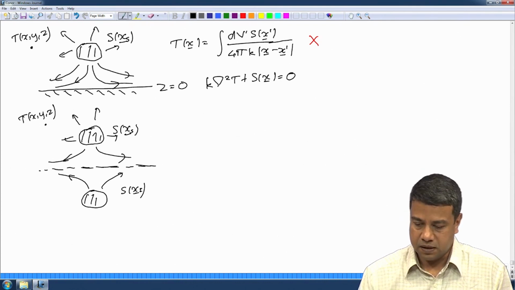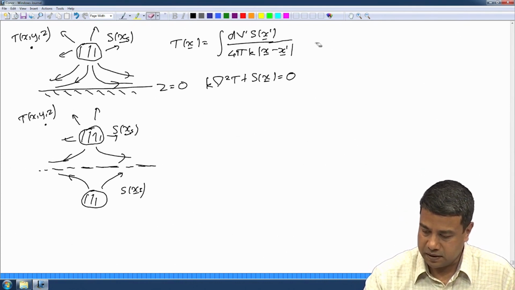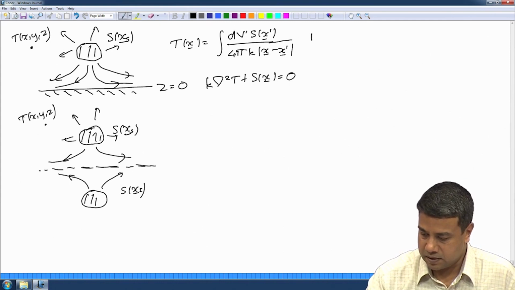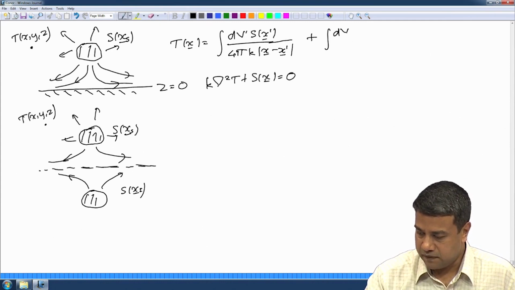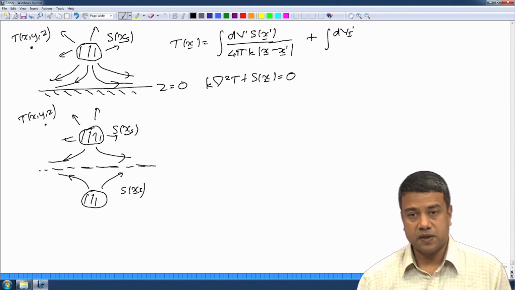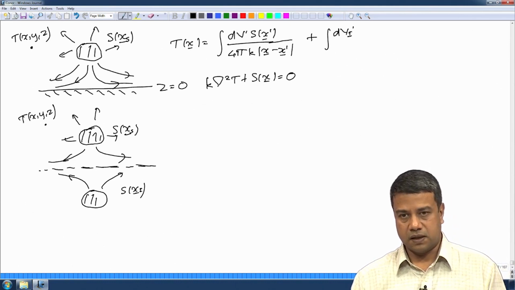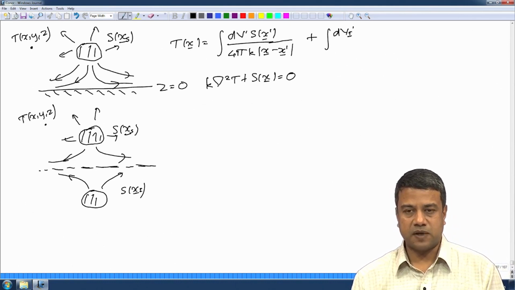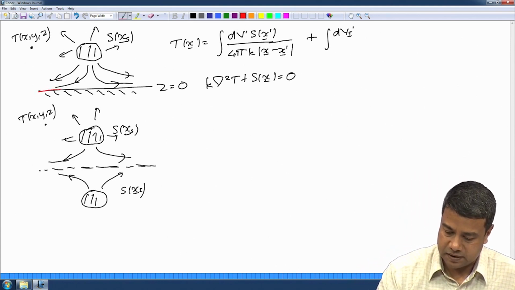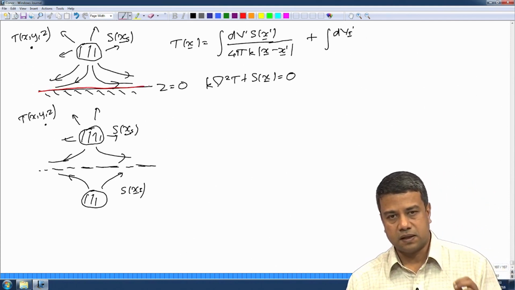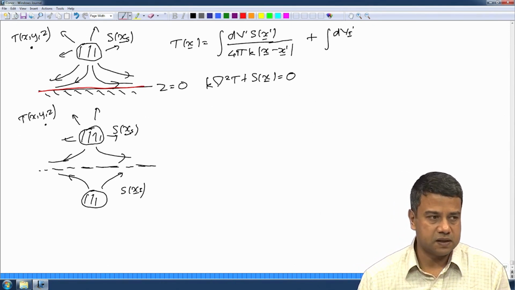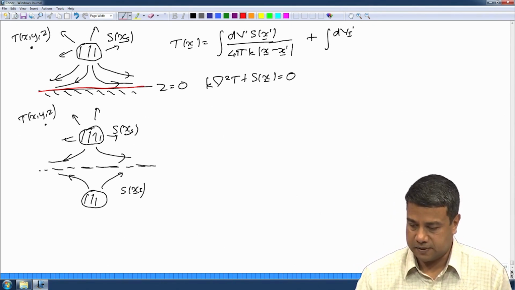Therefore, all I need to do is to add the contribution due to the image. Image is an imaginary construct. It is constructed so that I get back the correct boundary conditions at this surface. It is constructed so that the correct boundary conditions, the zero flux conditions, are recovered at this surface.